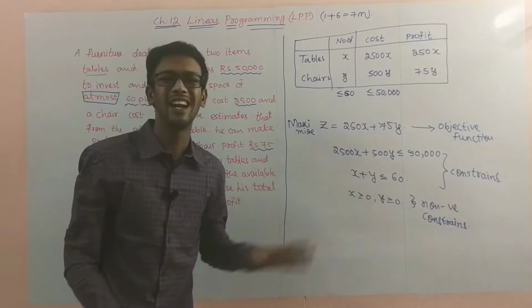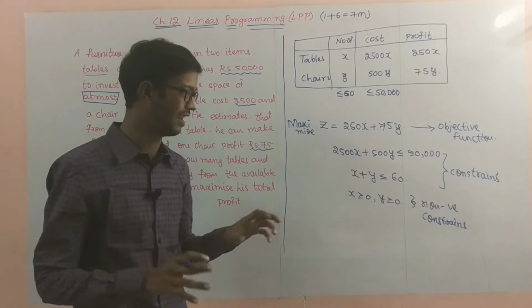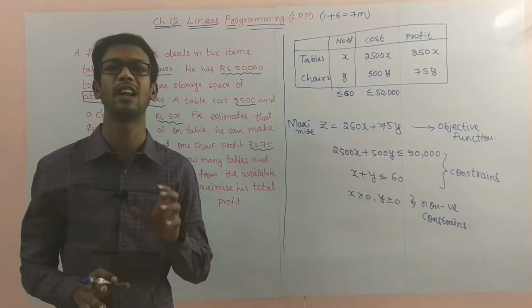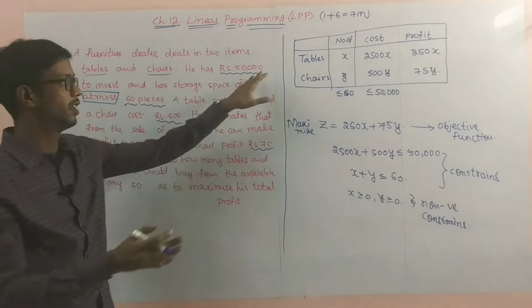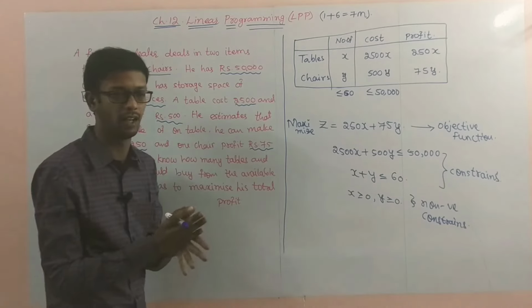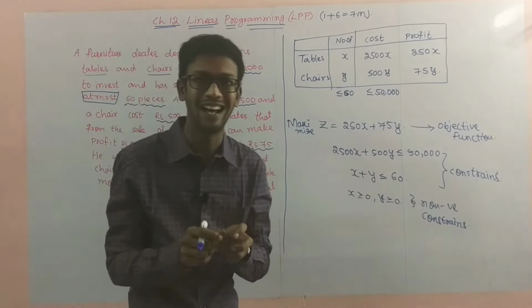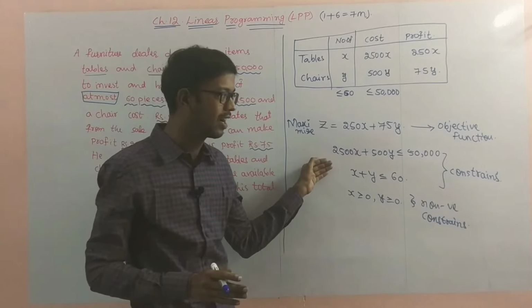Here constraints are nothing but conditions, in simple language, conditions or limitations. Here 50,000 is the limit, and 60 is the limit of the storage capacity. So the limitations or conditions they are giving are called the constraints.